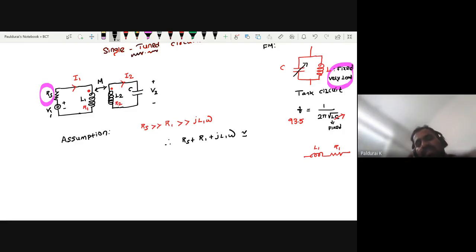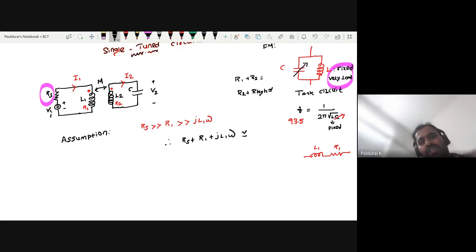Let me write it like this, RL plus RH. If you connect one low value resistor with one high value resistor in series, what is the equivalent resistance? Almost equal to, please respond.